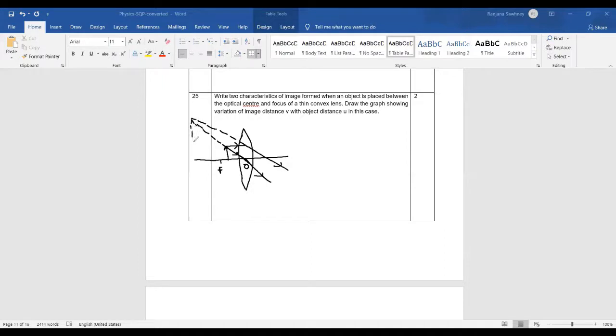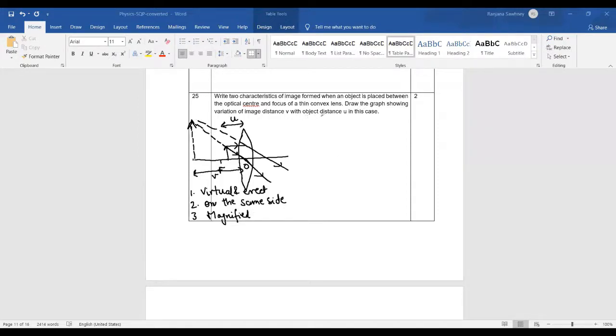The image formed is on the same side where the object is placed. So two characteristics: first, the image formed is virtual and erect. Second, it is formed on the same side where the object is placed. Also, the image is magnified, that is, bigger than the object.